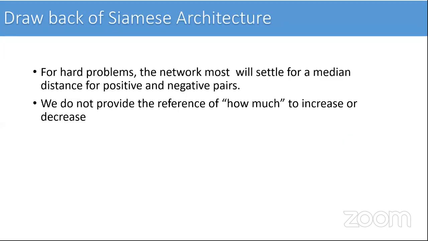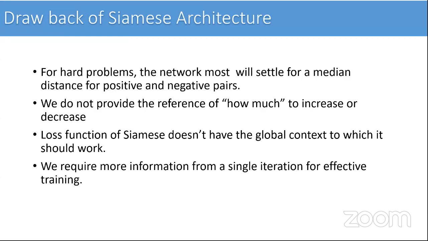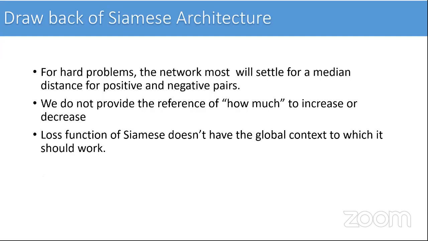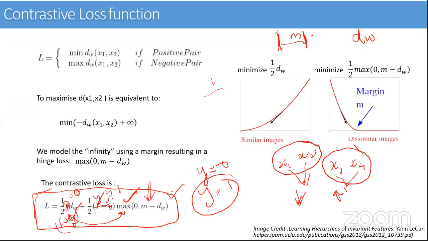So let's just discuss the drawback of the Siamese network. The contrastive loss function we are using updates differently for each input. So it's not giving a reference for how much it should maximize or how much it should minimize.